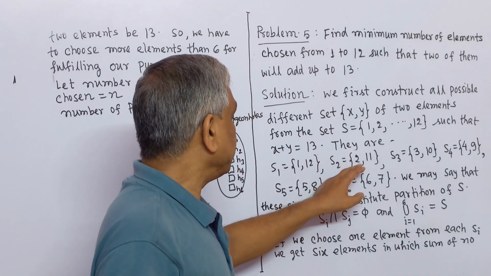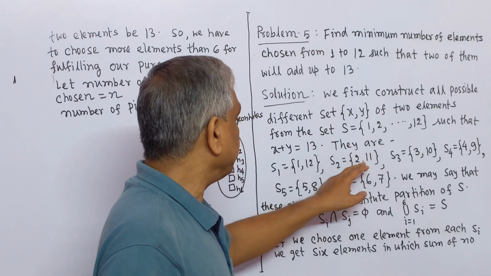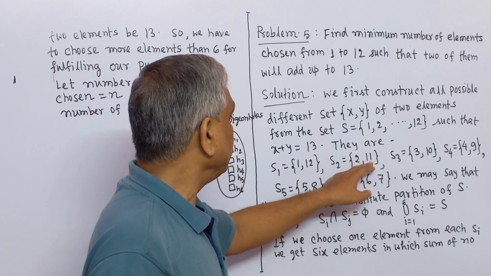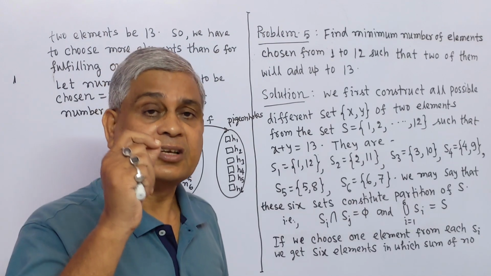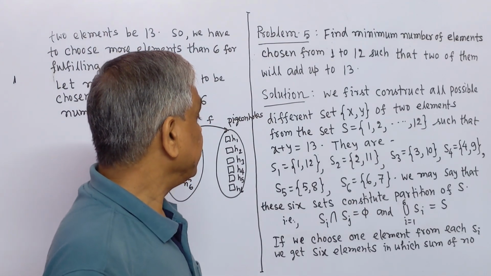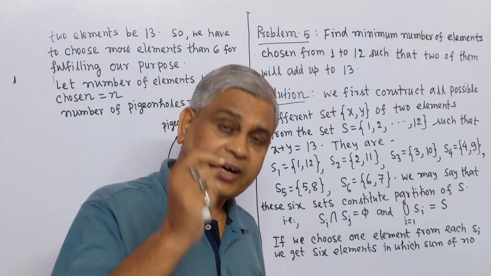Similarly, S2 equal to a set containing 2 elements 2 and 11. 2 plus 11 equal to 13. Similarly, we get 6 sets in which sum of 2 elements be 13.